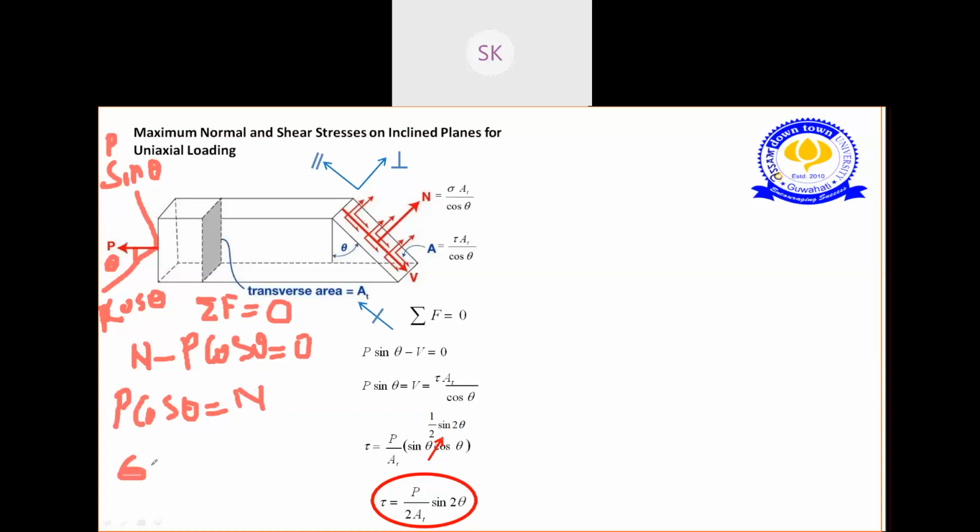So you'll get sigma equals P cos square theta by AT. Am I correct? Yes, ma'am. Hope this part is clear. Sigma is equal to P cos square theta by AT.